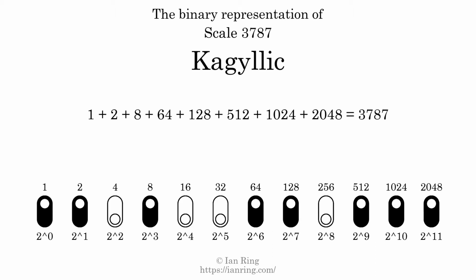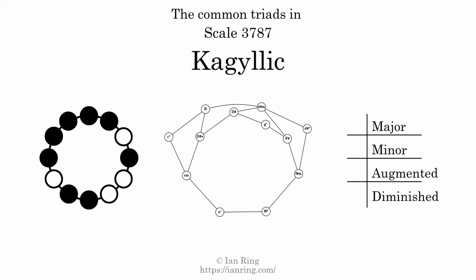That is why the scale number, in decimal, is 3787. The scale number not only enumerates the scale with a unique index, but it also literally describes the tonal content of the scale. Represented as a binary number in base 2, the scale number is 111011001011.